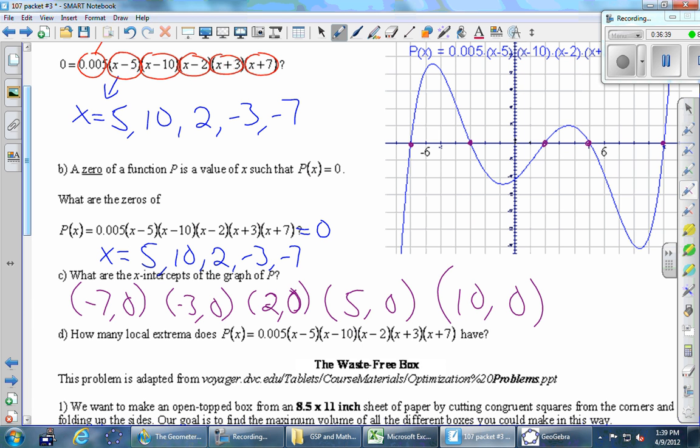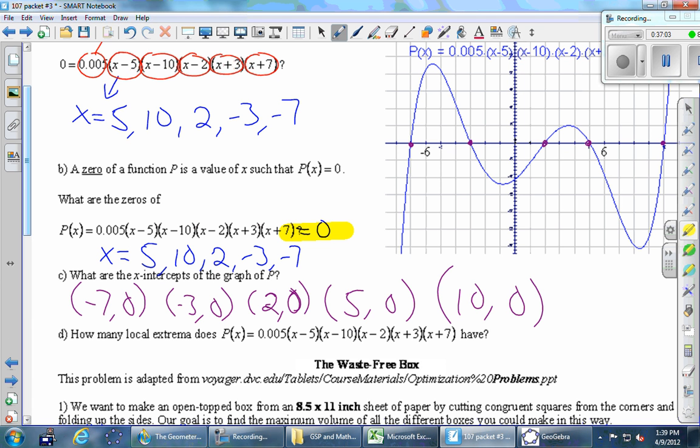Does that make sense? Is this a coincidence? How do you find x-intercepts? You set y equal to 0, right? Isn't that exactly what we did right there? We set y equal to 0, the whole thing equal to 0. So of course, the zeros that we find by solving that equation are going to be the same. They're going to show up as x-intercepts because that's how you find x-intercepts.